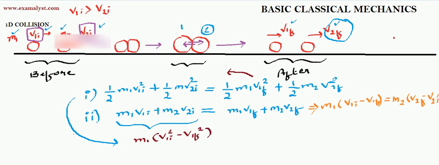We are deriving this from the first equation only. On the other side we have m2 multiplied with (v2f square minus v2i square).